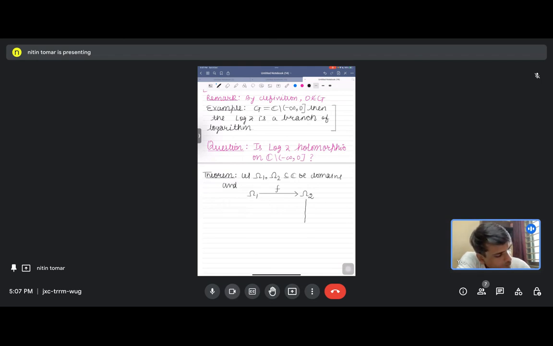Then from omega 2 to C we have a function g. Whenever you have two such functions you can always compose. Yes or no? Correct?